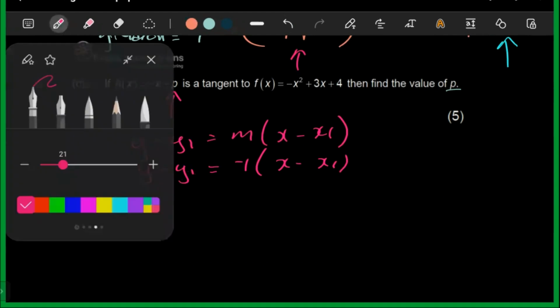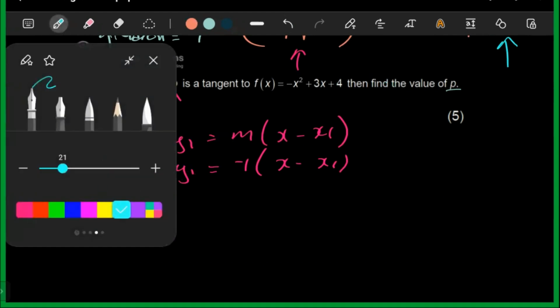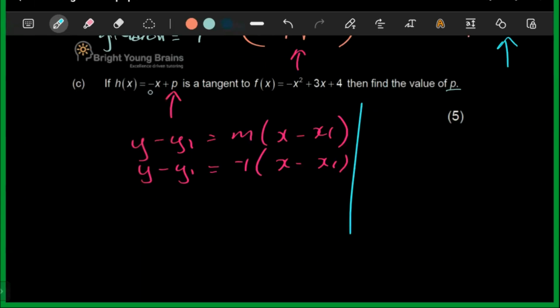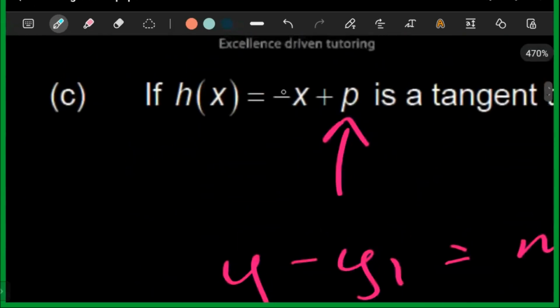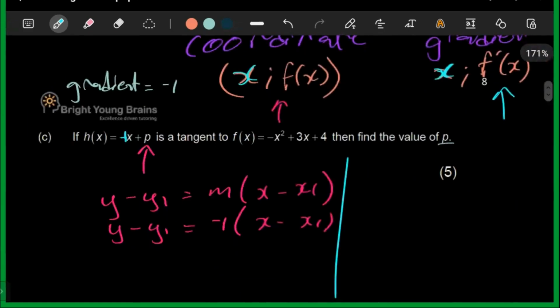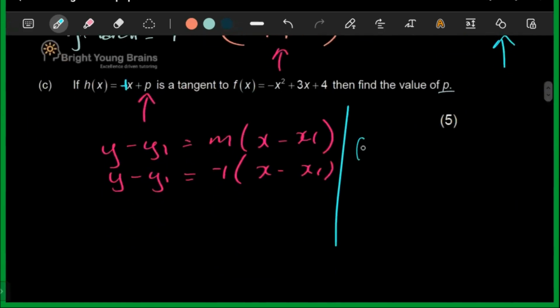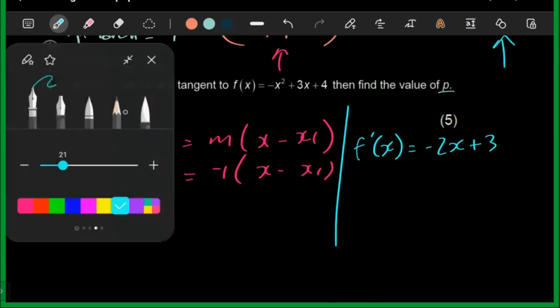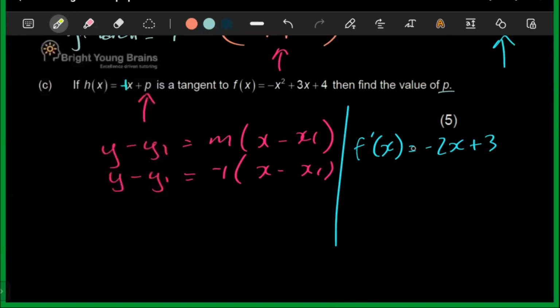For us to find a coordinate that the graph passes through, we're going to use the gradient that we have, which is minus 1. We need a gradient equation to use it. Our gradient equation is the first derivative of f. Since it's the gradient equation, we're going to put minus 1 there to find the x value at that particular gradient.